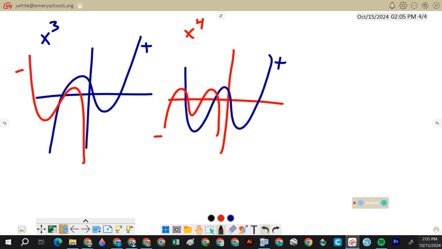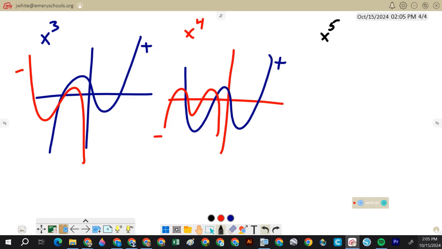What about x to the fifth? What is it going to look like? It's going to look a lot like the x to the third, right?